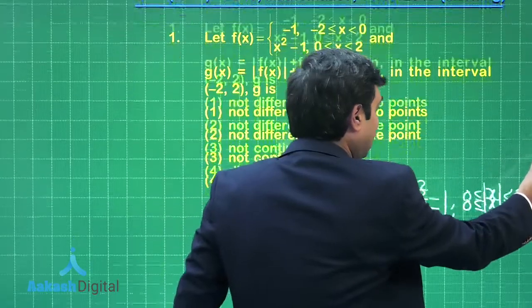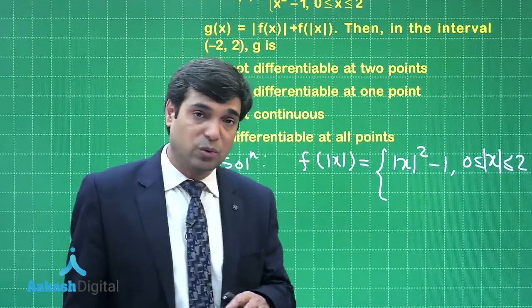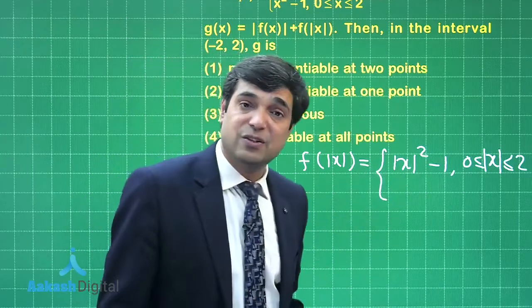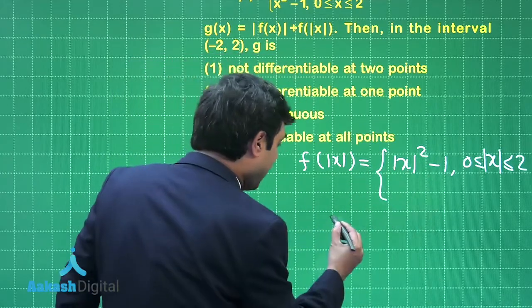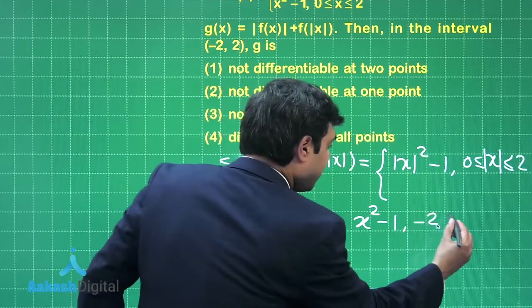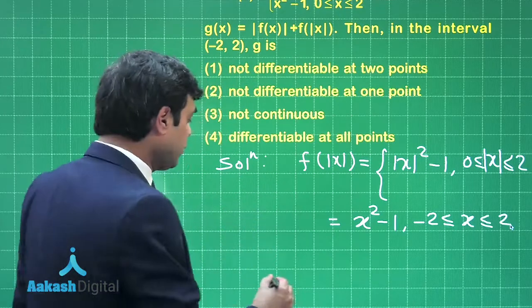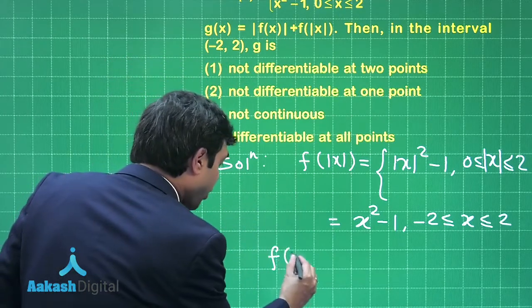So here you can see, when you change it into intervals like -2 to 0 and 0 to 2, you will find the same result as x square -1. So there is nothing extra. You can directly write x square -1 for the interval -2 to 2. This is clear. Moving to the second part, that is mod of f(x).